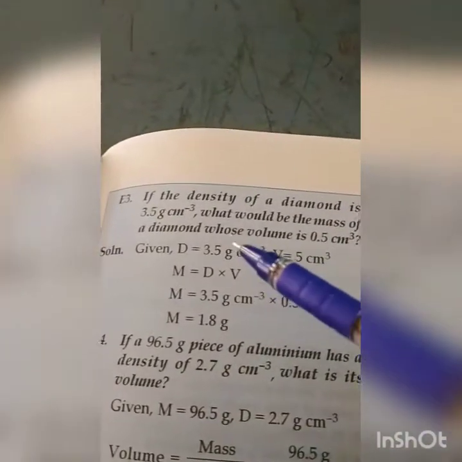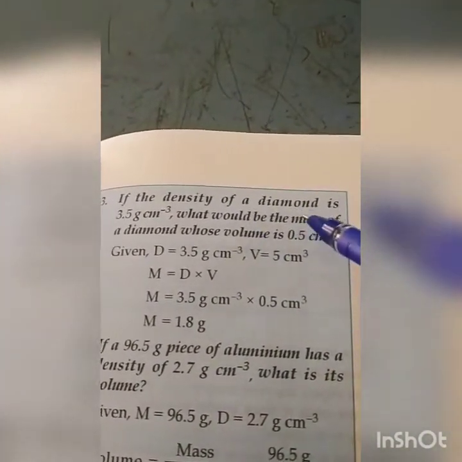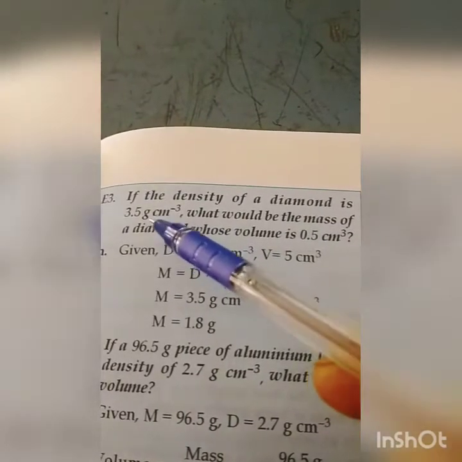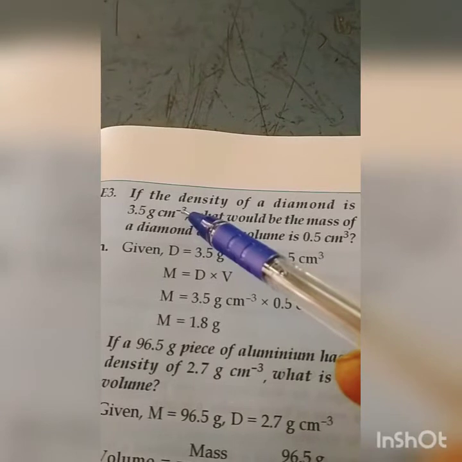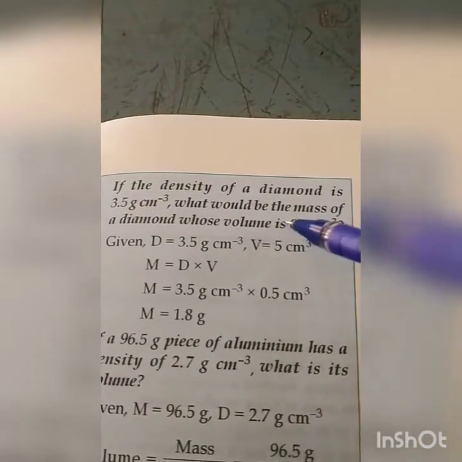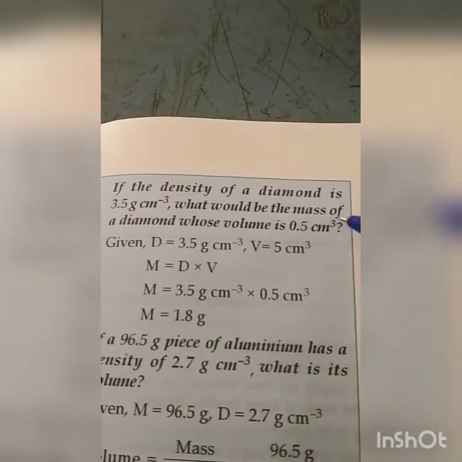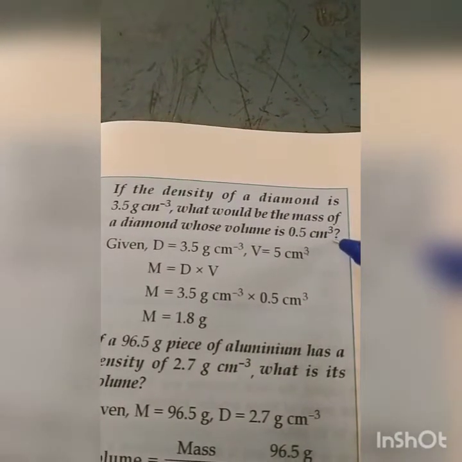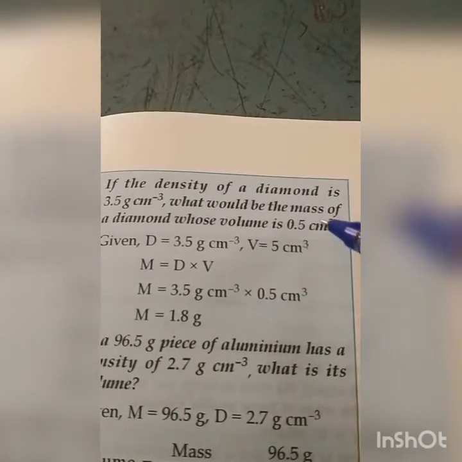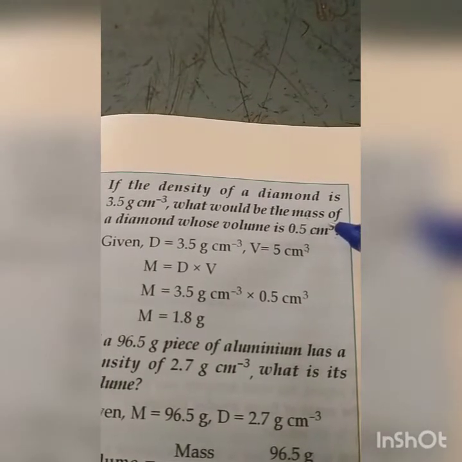Now look at the third example. Here the density of diamond is given as 3.5 gram per centimeter cube, and what would be the mass of a diamond whose volume is given as 0.5 centimeter cube? Here we have to calculate mass.